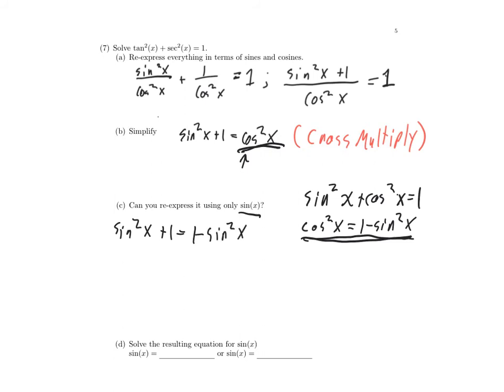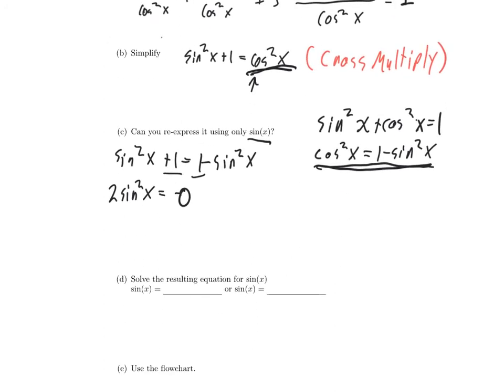I'll add sine squared to the other side, so it'll give me 2 sine squared x, and I'll subtract that 1 over to the other side, equals 0. So it looks like I'm down to sine, and that's easy to solve for sine, right? The equation that I wind up with is sine of x is equal to 0.